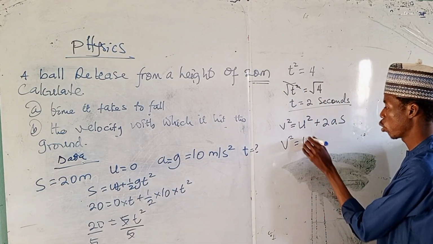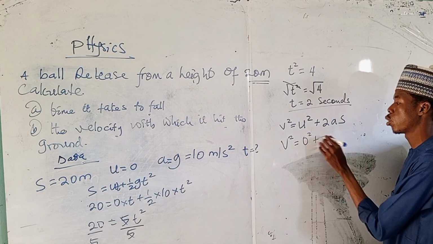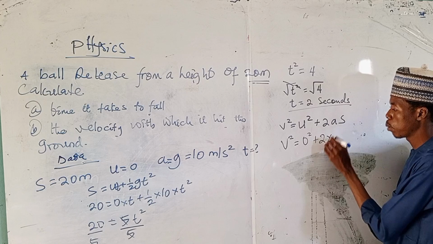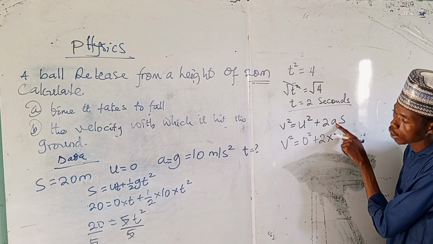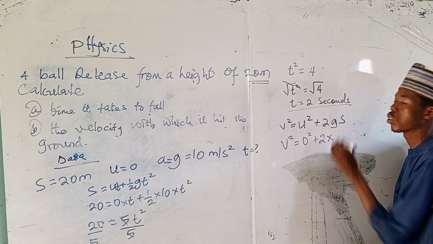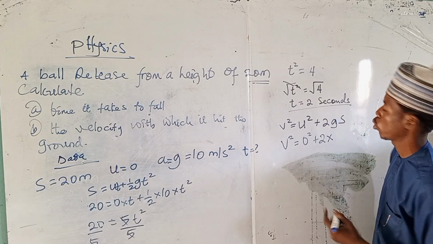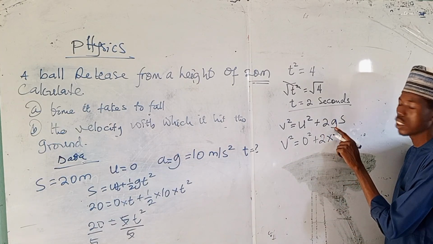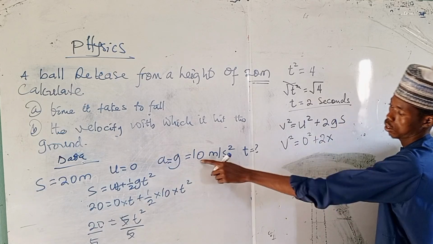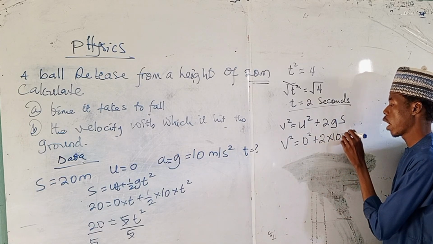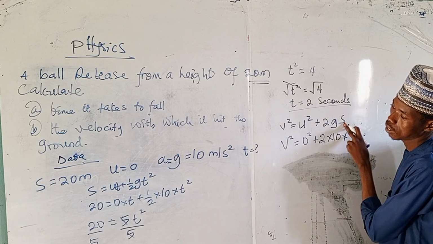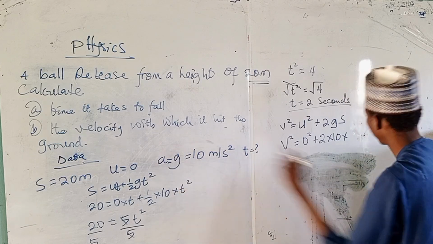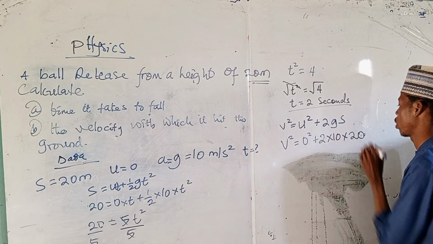So 0 squared plus 2 times, instead of writing A, we must write G because the problem is under motion under gravity. So now 2 times G, G is 10, times S. S is distance, which is 20.